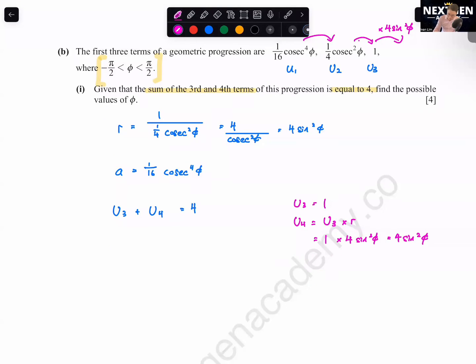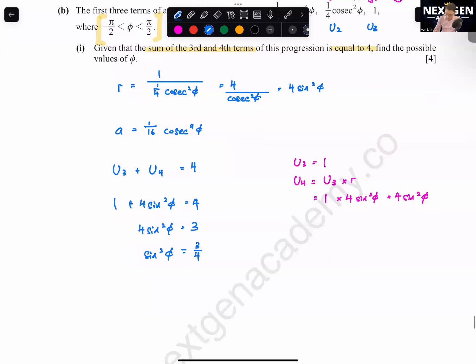Now we just add it up. 1 plus 4 sine square 5 is equal to 4. Let's solve this. 4 sine square 5 equals 3. Sine square 5 equals 3 over 4. Sine 5 is equal to plus minus square root of 3 over 4.